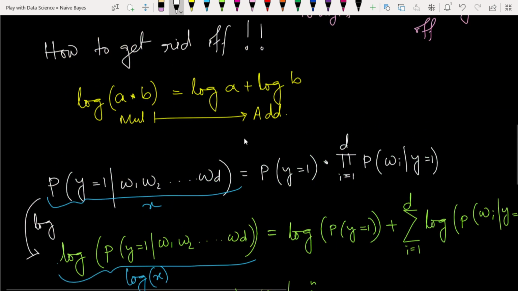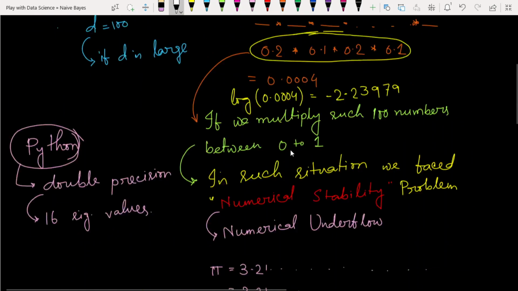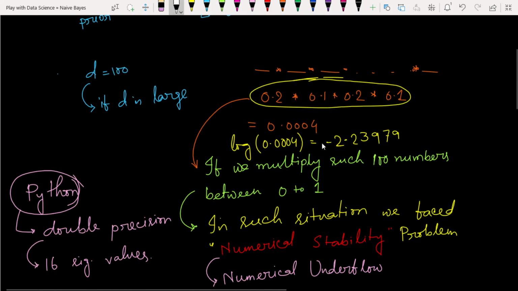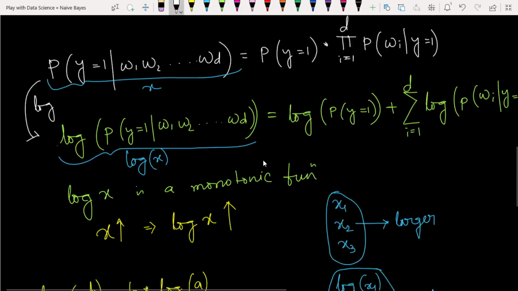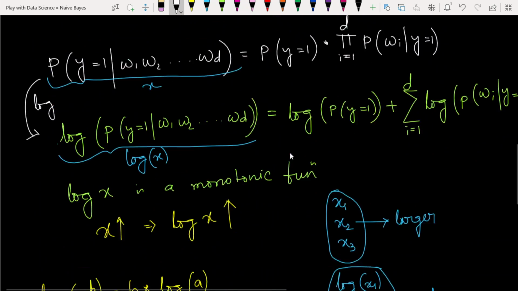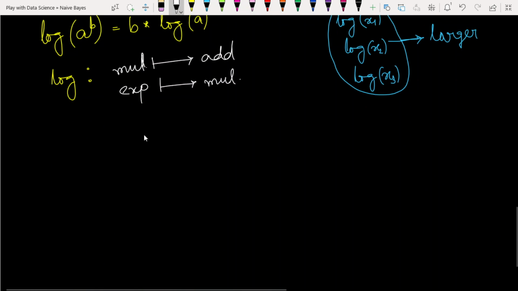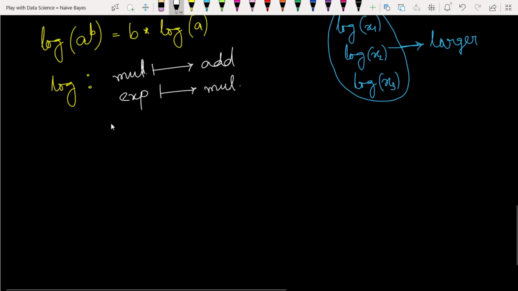Because of this, to get rid of numerical stability issues, we simply use the log function. Before finishing this lecture, let me conclude one thing. The Naïve Bayes technique is a very old technique. Now we have sufficient systems that can easily handle a huge number of calculations.